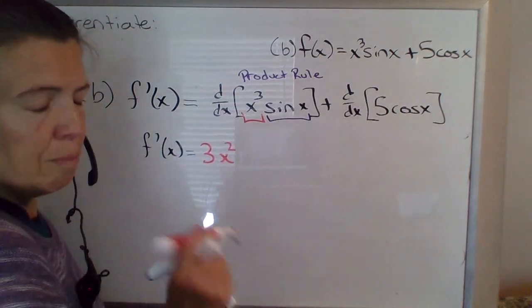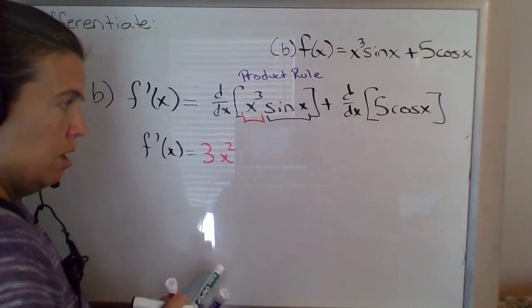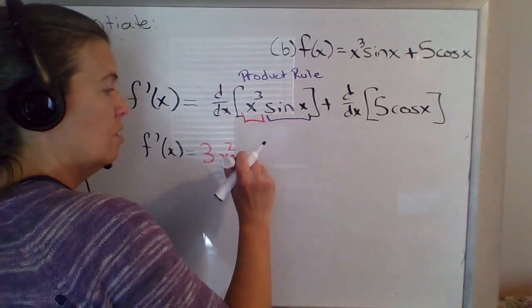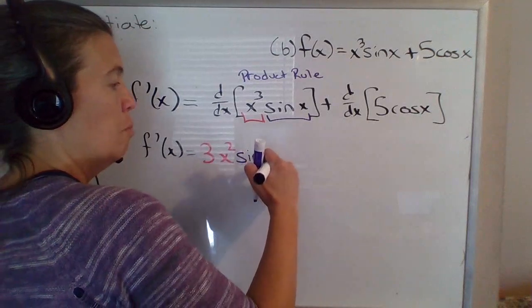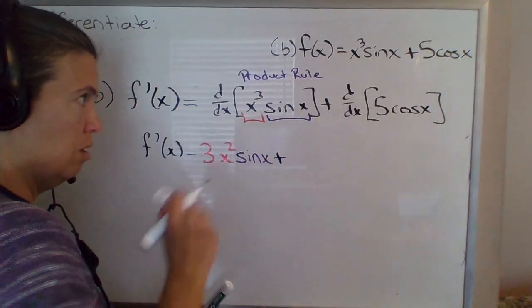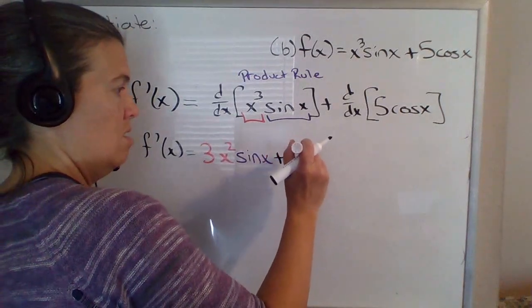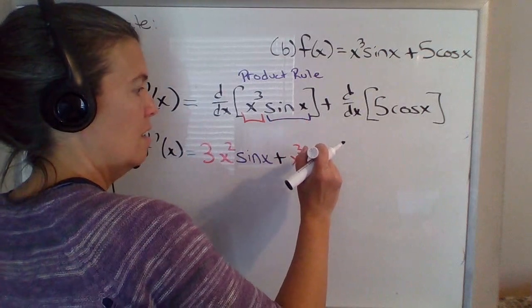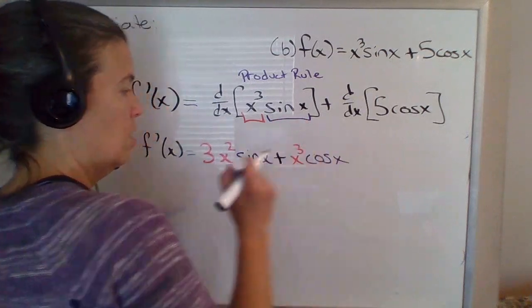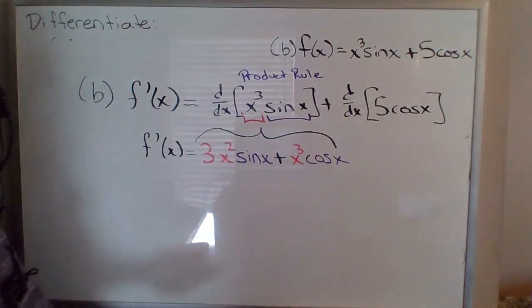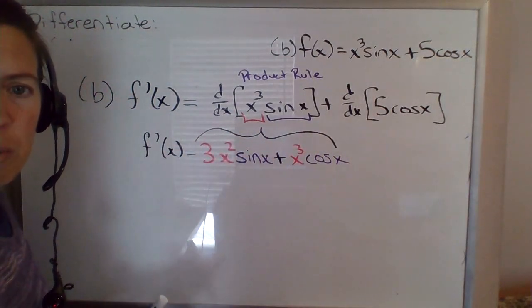That's the power rule for derivatives. Leave the sine x alone, plus now we would leave the x cubed alone and differentiate sine. Derivative of sine x is cosine x. Okay, and all of this is the derivative of that first part using the product rule.